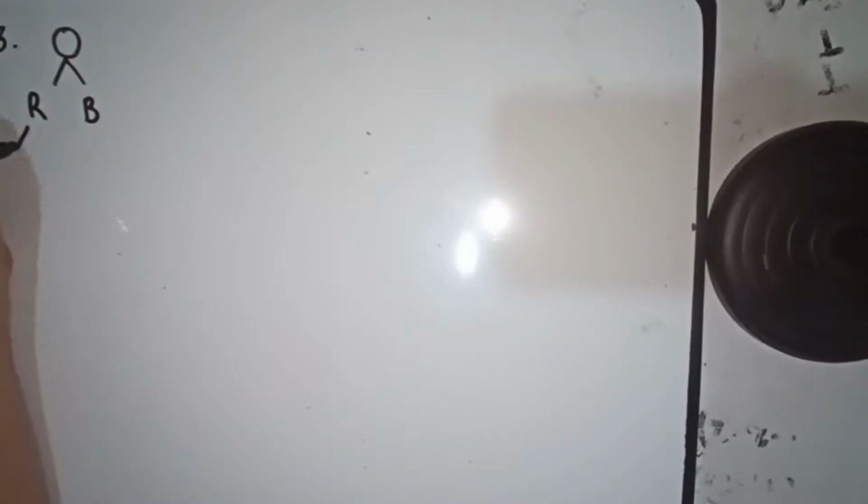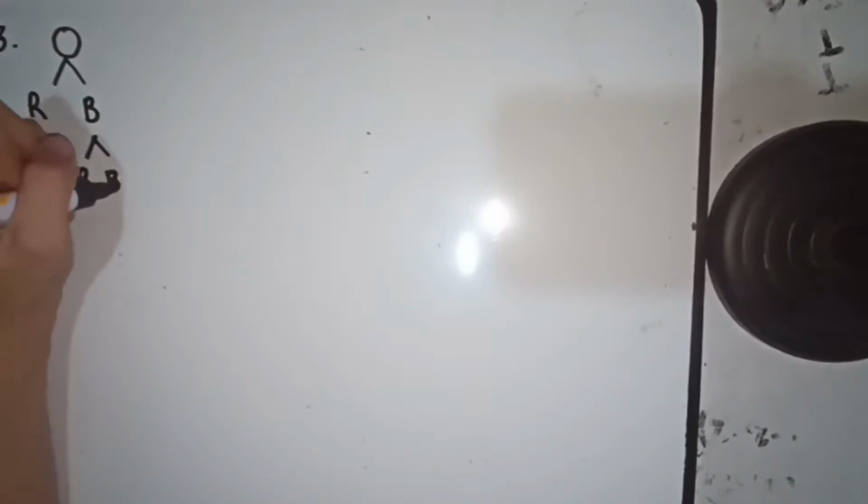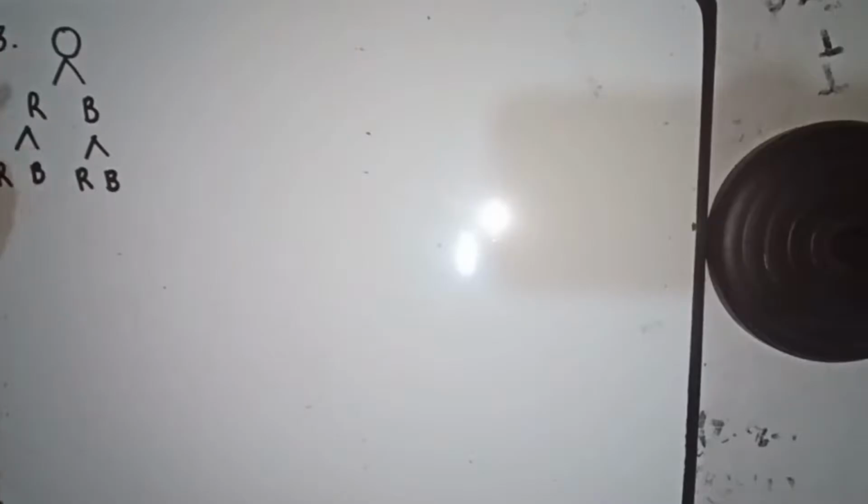Let us illustrate with circles that represent the balls. The first ball can be red or blue, and the second ball can also be red or blue. Since there are only two balls, there are only two branches.